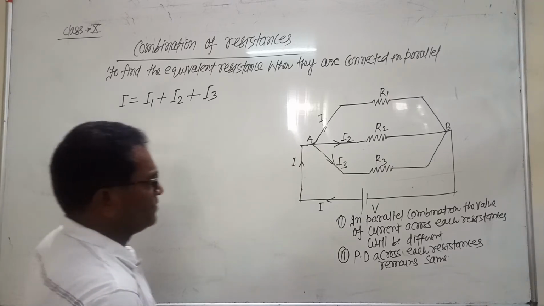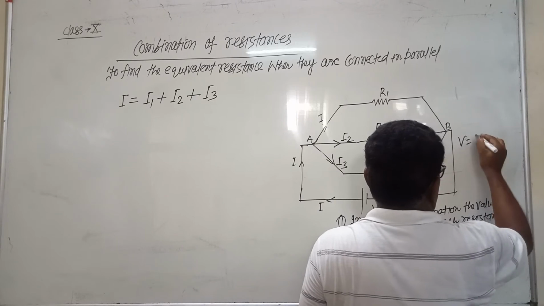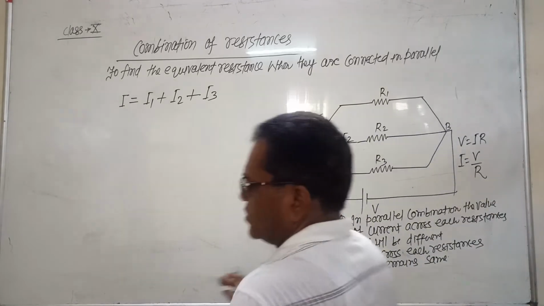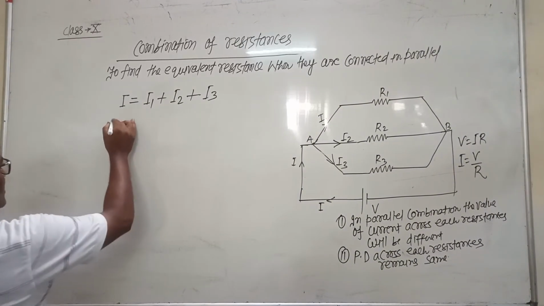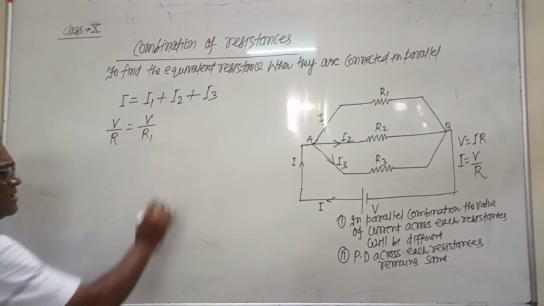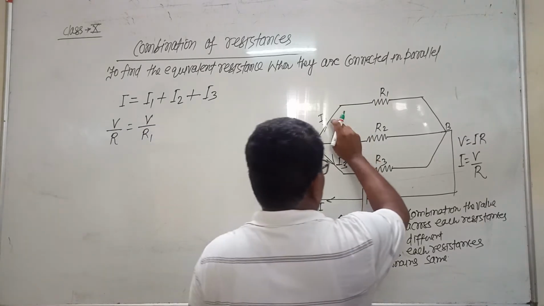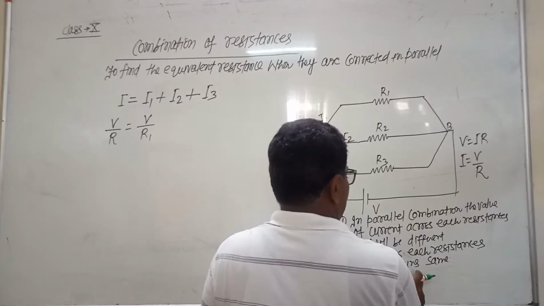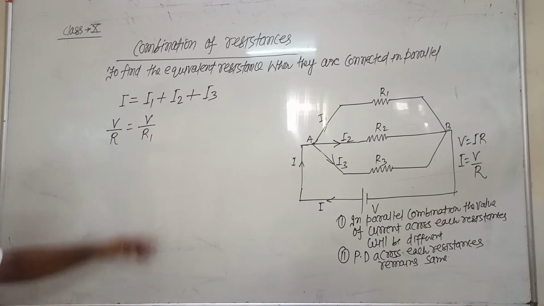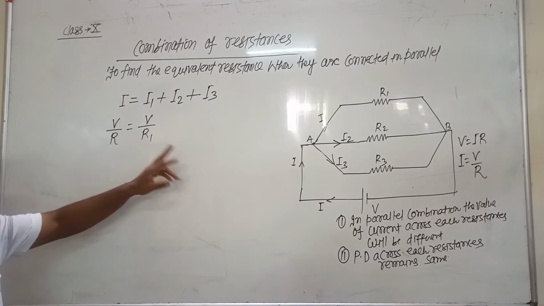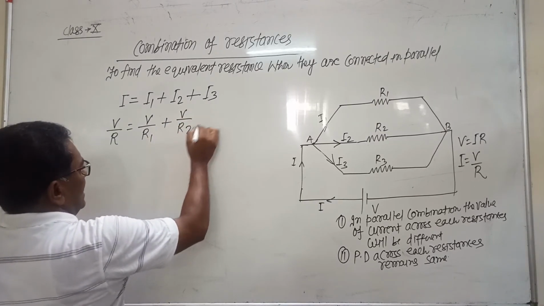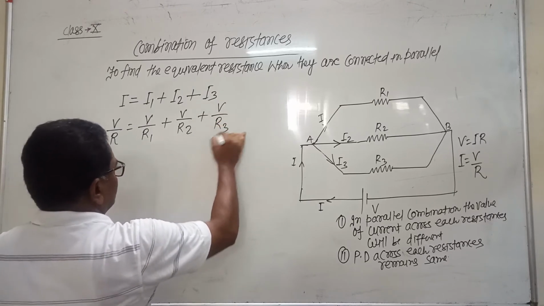And from Ohm's law, V equals I into R. So total current I comes to be V by R. So total current I is written as V upon R, I1 is written as V upon R1 because the potential difference across each resistance remains the same. The potential difference across all is the same, so for I1 it is V, but the resistance is different, so V by R1, I2 is V by R2 and I3 is V by R3.